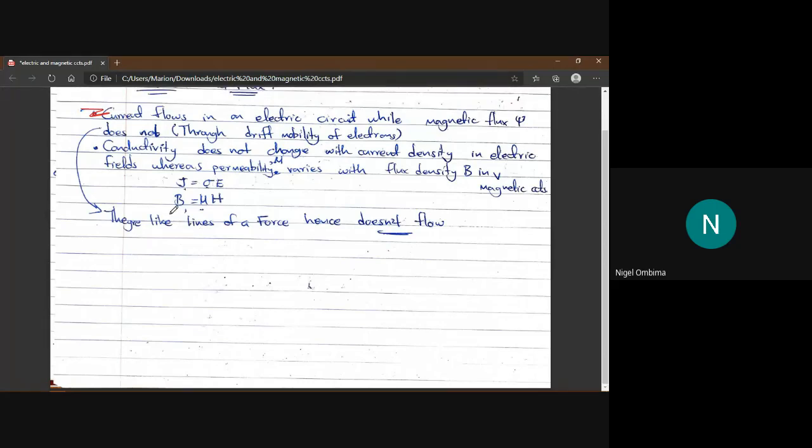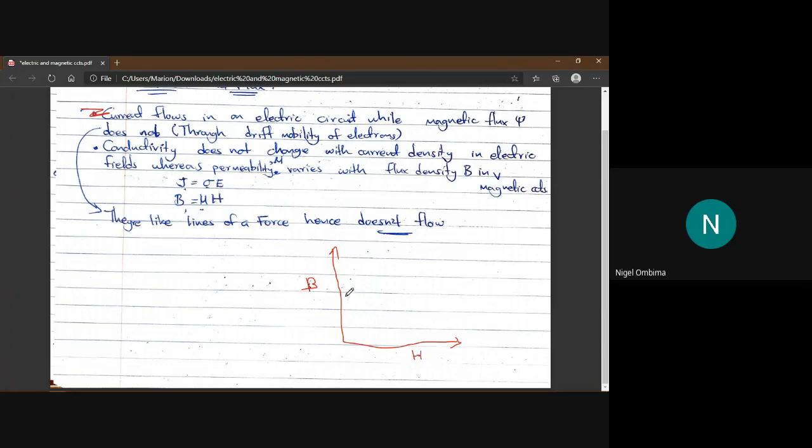For magnetic circuits, I can give you a visual representation just to explain it. Let me just try and draw. You can remember from machines last sem, the BH curve. So this side is supposed to be B, and this side is supposed to be H. Every material has different BH curves.